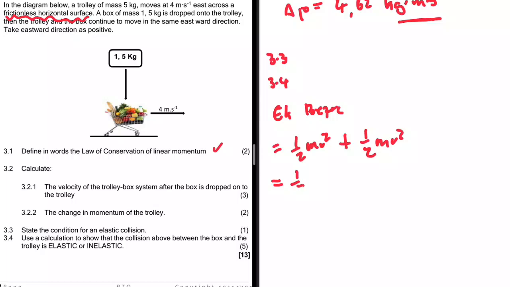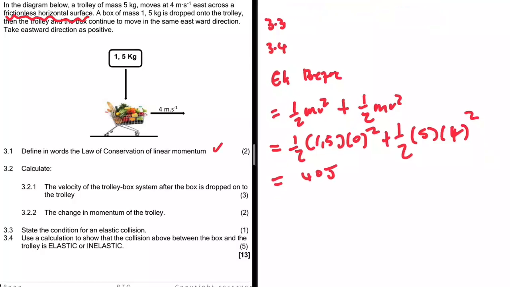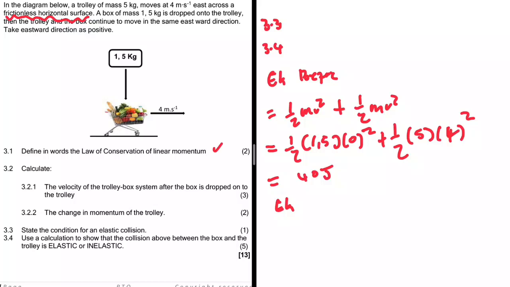For the box, half of 1.5, its v is 0 along the x-axis, and then half of 5 for the trolley, the velocity is 4, and we square that. Let me put that in my calculator. This is 40 joules.